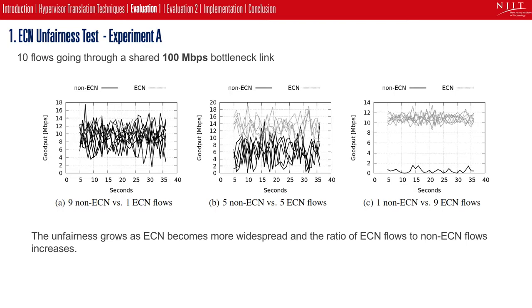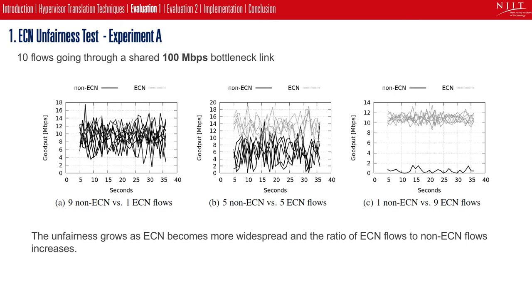This figure demonstrates the unfairness between ECN and non-ECN flows by plotting the time series of their throughput. It shows that while the ECN flows fairly share the bottleneck link among themselves, the non-ECN flows can become significantly starved.